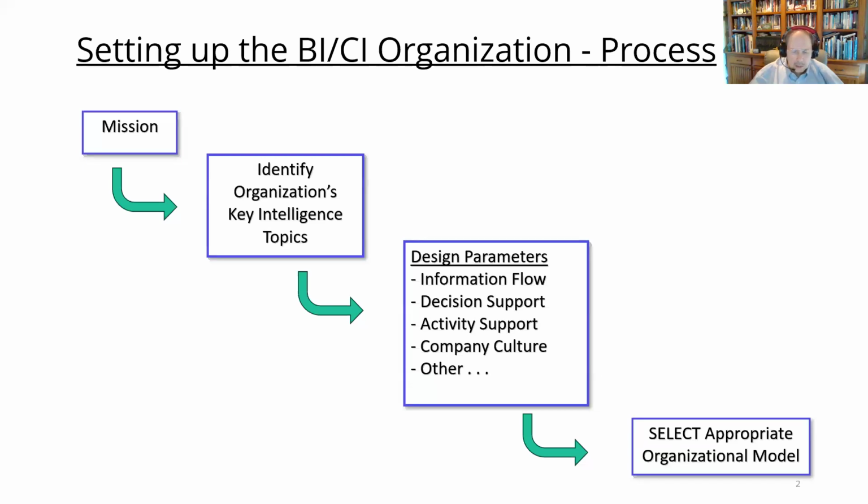That includes how communication will happen, how confidentiality is used, what kind of deliverables are provided, how archiving occurs, what resources are purchased, staff issues, and probably the most important one, which overrides all of them, is how the intelligence function will fit and align with the corporate culture of the firm that you work for. And finally, the last step is to select the appropriate organizational model.